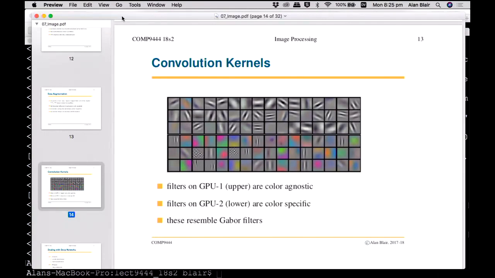For some reason, the lower GPU tended to learn more color-specific filters. So the input was handled a little bit differently, but I'm not sure exactly of the details.